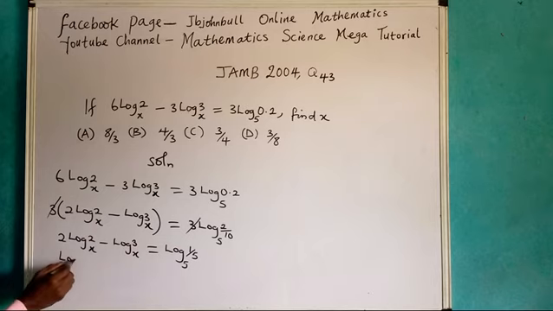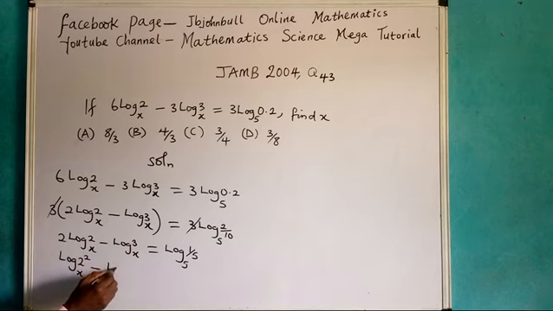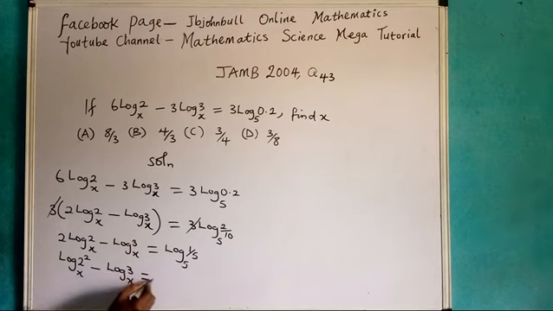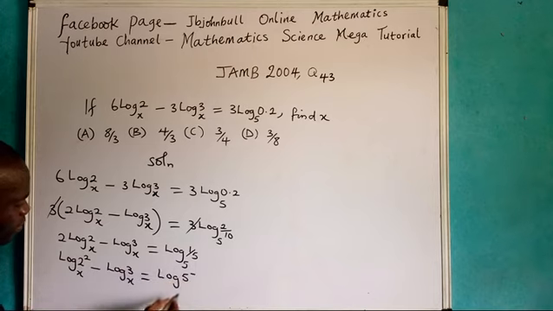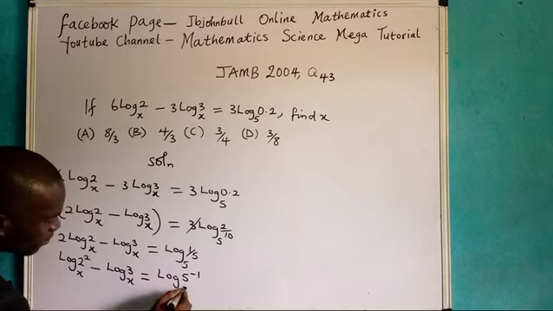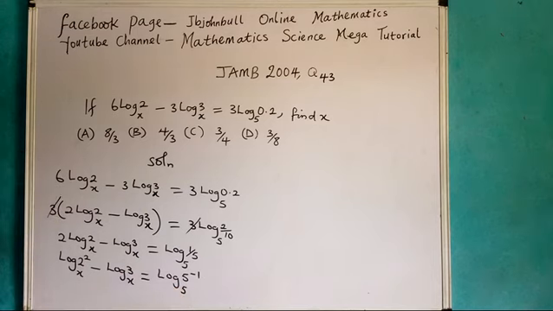I will now have log 2 power 2 base s minus log 3 base s equal to, for this one, I can take it as a negative exponent. That is, it becomes 5 power minus 1, and the base still remains. Now we can simplify 2 times 2, which is 4.